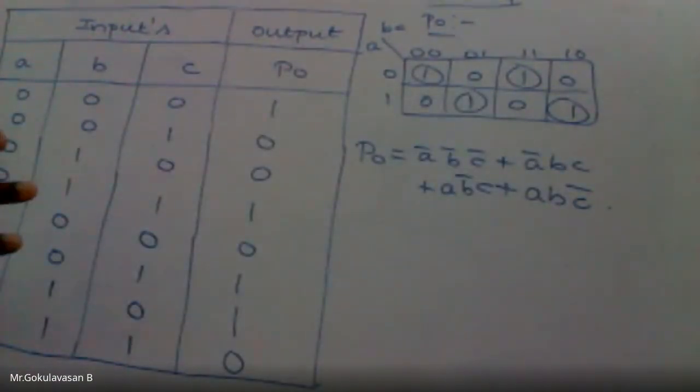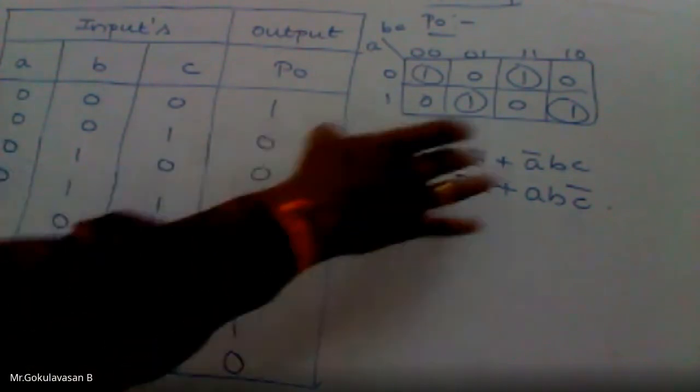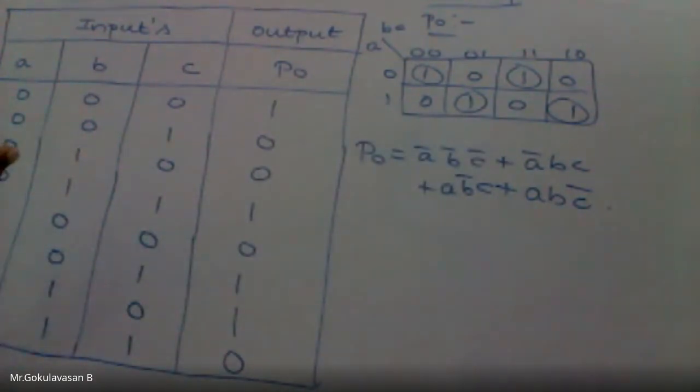So 2 AND gates here, 2 here, 2 here, totally 8 AND gates. Some number of NOT gates are also required, because A bar, B bar, C bar, A bar there, B bar here, C bar again is required. Along with that, we are in need of OR gates also, because summations we have to make. So the number of gates will be more here.